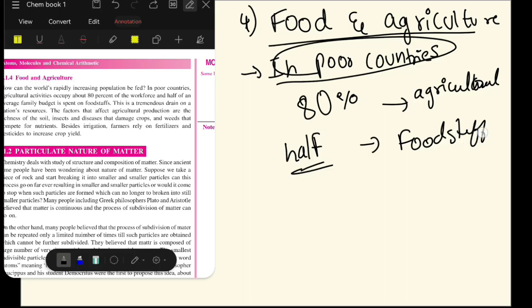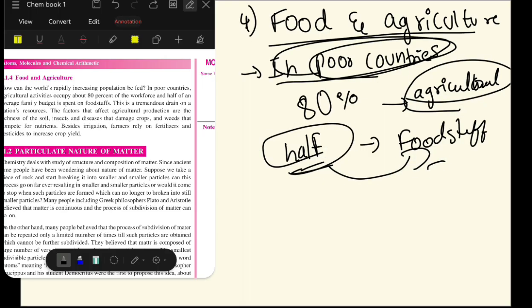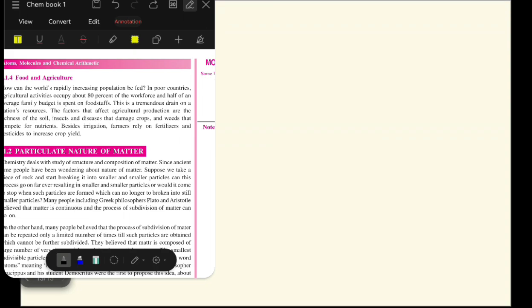This is a huge, tremendous drain on the nation's resources. 80% of the population depends on agriculture, and half of their money is going on foodstuff. So that's a huge, tremendous waste. Okay, that's all for food and agriculture. Now we just need to understand how chemistry affects agriculture production.